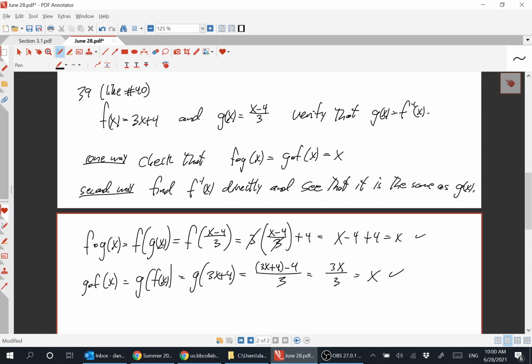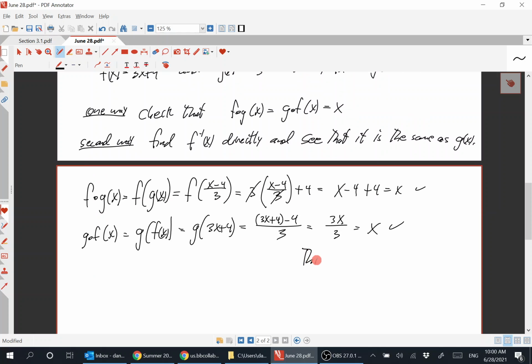Okay, so this says that f inverse is equal to g, because it does what f inverse is supposed to do. It's the function which you compose with f, before and following, that composes to just the identity function x. Not one, just x.